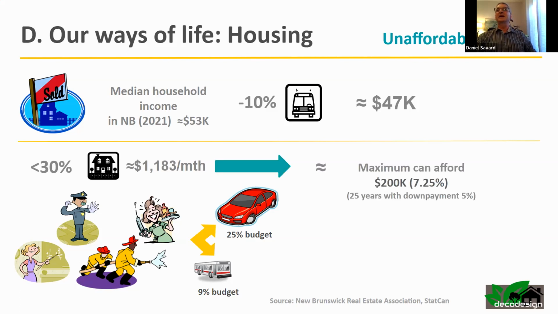That represents the maximum that you can have at the bank for a mortgage of $200,000 at the rate of 7.25%, 5% of stress test plus 2.25%, as it was last time I looked, in August or September, okay? Now, that is for 25 years with a down payment of 5%.